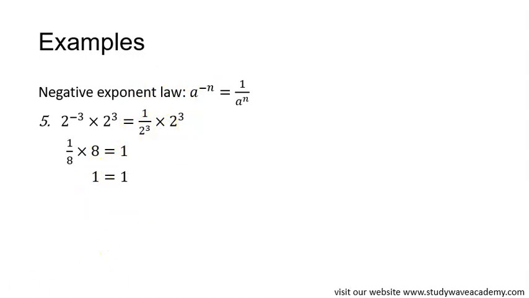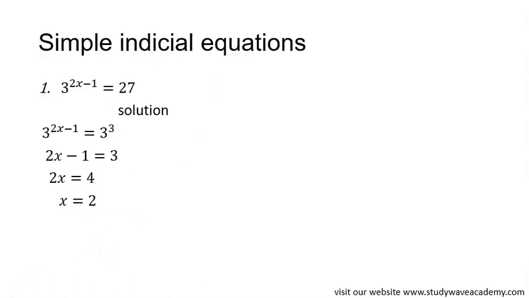Good. So lastly, we are going to be looking at simple exponential equations. So this equation, we have 3 raised to the power 2x minus 1 is equal to 27. We have to look for x. So let's solve this simple equation.